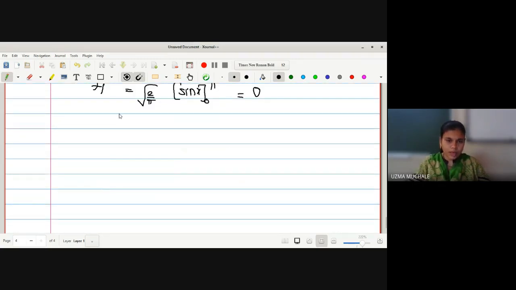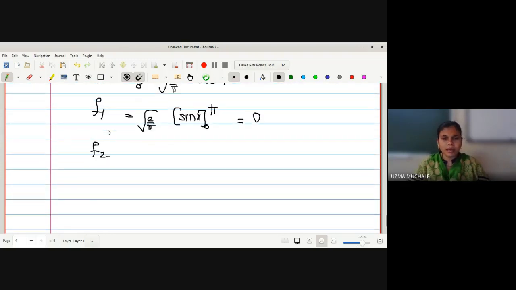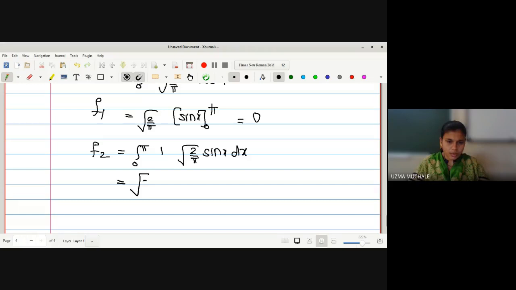Let us go to find out the value for f2. Sin pi minus sin 0. Sin pi is 0 minus sin 0 is again 0. Let us evaluate f2 is equal to integration 0 to pi, f of x is 1, under root 2 upon pi sin x dx, which is equal to under root 2 upon pi, integration of sin is minus cos x within the limit 0 to pi.